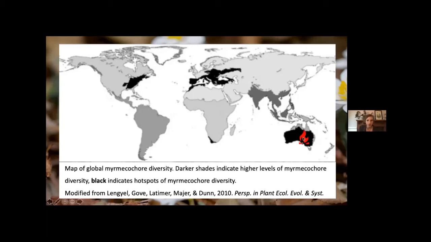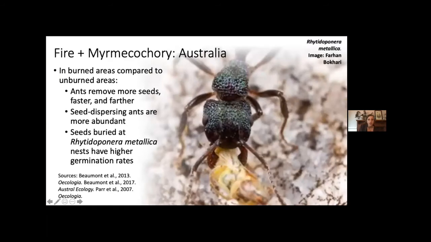In Australia, you have a lot of savanna areas that burn fairly frequently, and there are cases where you have a lot of ant-dispersed plants as well. Some of these studies looking at the effect of fire on ant-mediated seed dispersal in Australia have shown a lot of benefits of fire, actually.